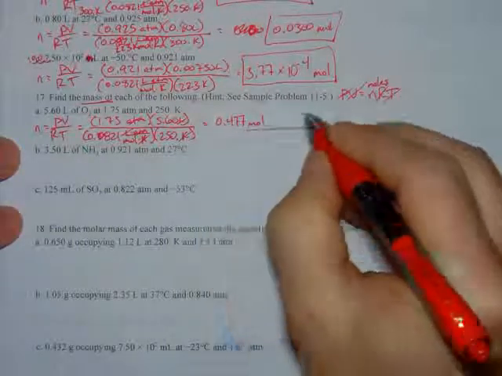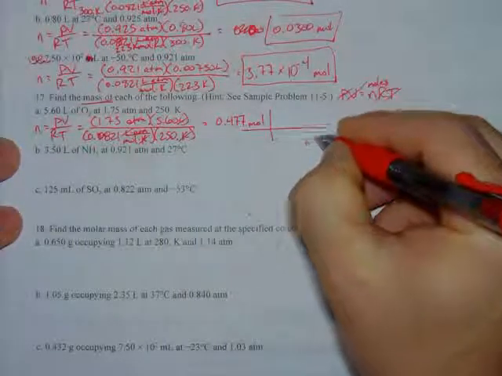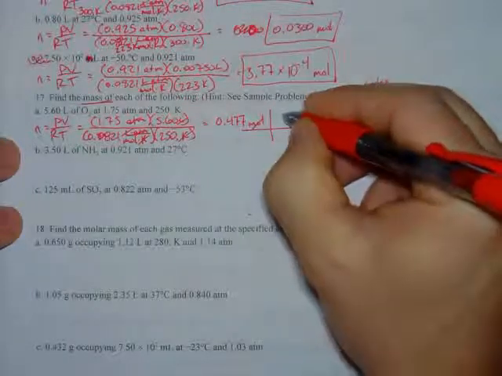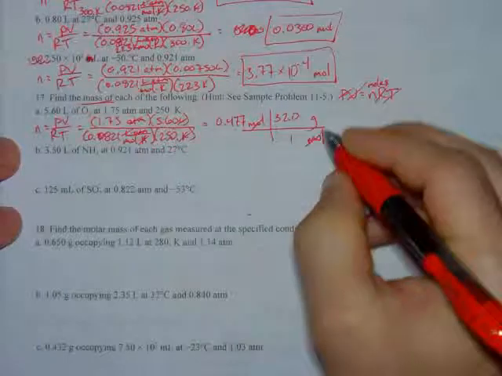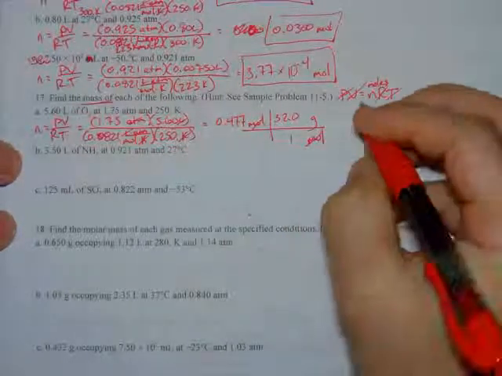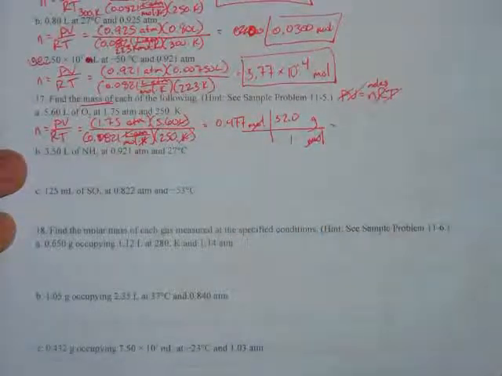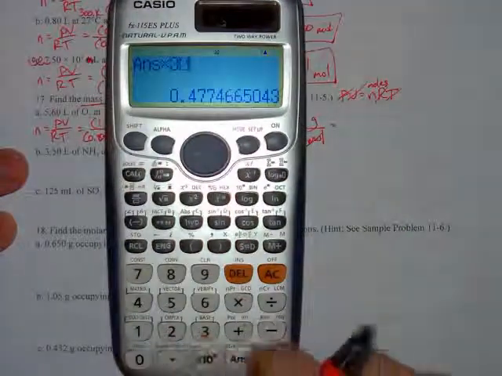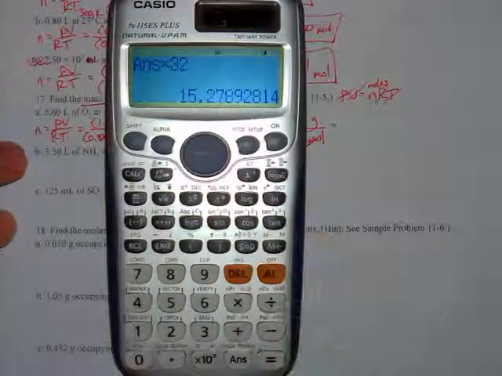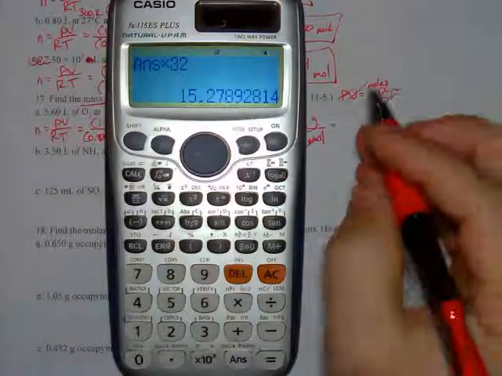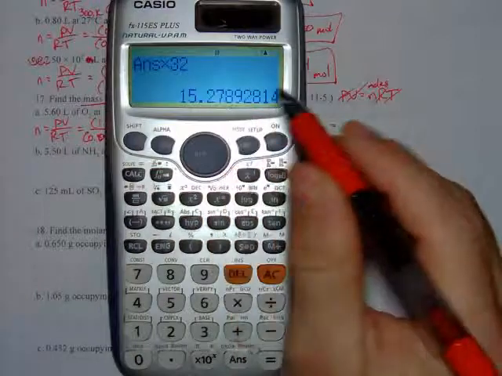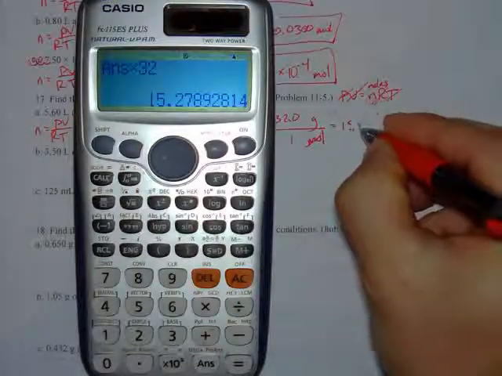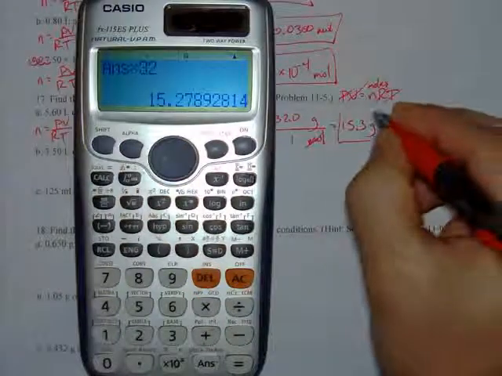Now I'm going to convert out of moles into grams, and I know that for every 1 mole there are 32.0 grams because it's O2, the mass of two oxygen atoms. I multiply by that molar mass. With 3 sig figs, that 7 tells me to round that 2 up to a 3, so I'm going to report 15.3 grams for A.